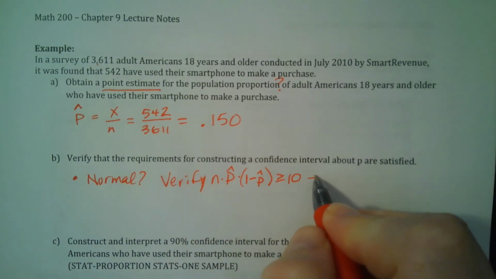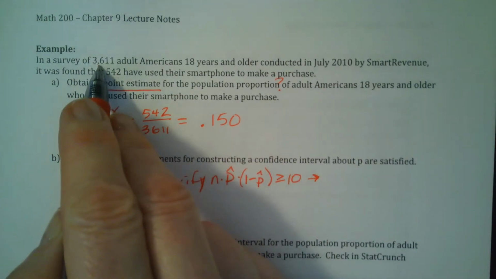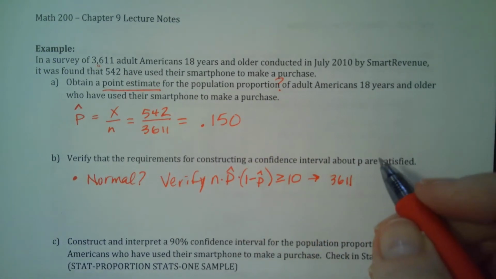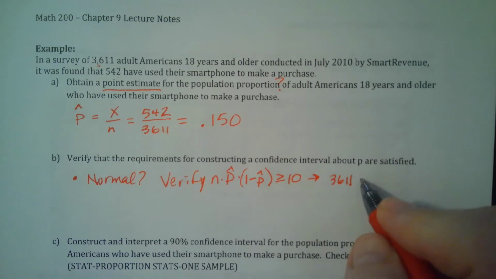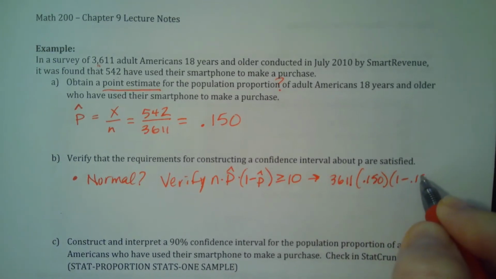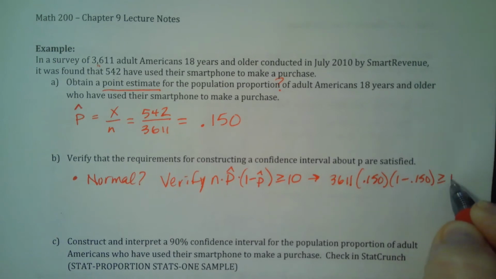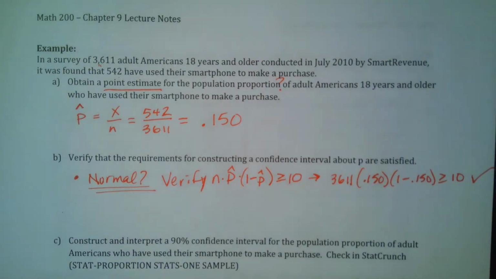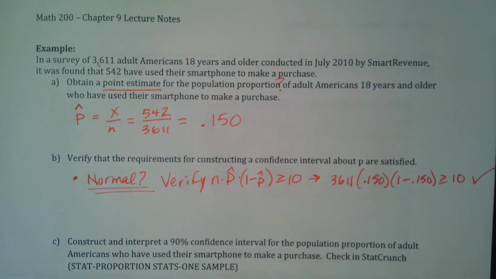Well, let's see. n in this example is 3,611 times p hat, which is 0.150, times 1 minus p hat, and clearly that is greater than or equal to 10. So I have definitely proved that the graph is normal. We also need to find the mean and the standard deviation.